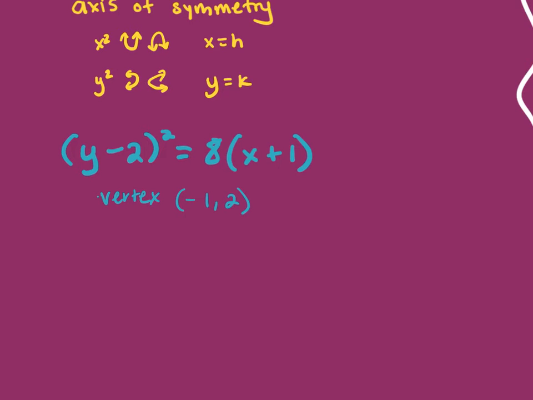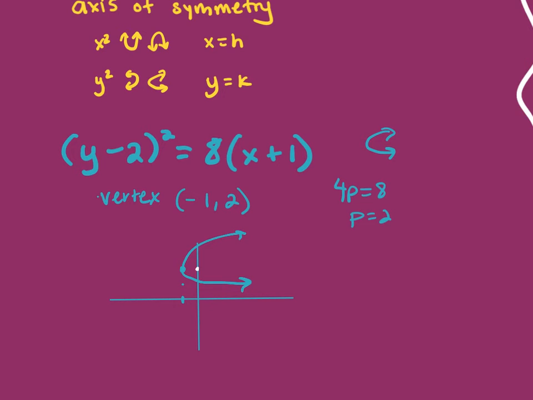This is a parabola that points to the right because the y is squared and the 4p is positive. And the 4p equals 8, so p equals 2. So when I go to graph this, I'd go left 1 and up 2. That's my vertex. I'm going to point it to the right because it's a positive 4p but a y squared.